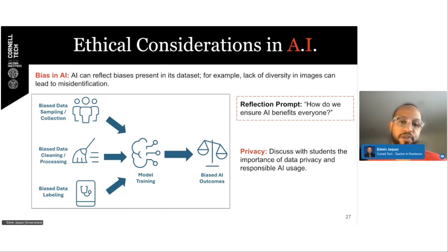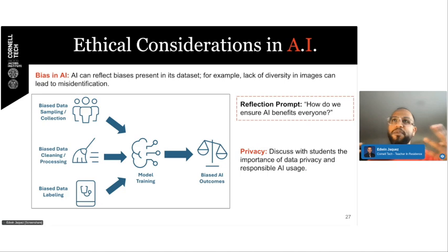That is an opportunity to talk about that. One of the reflection questions that I always ask students is, how do we ensure that AI benefits everyone? Because if only I'm programming my machine, how do I make sure that my machine is something that everyone can use and that it benefits all of us?